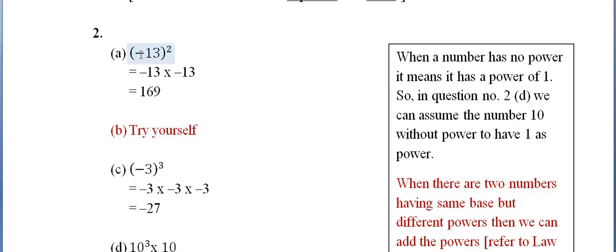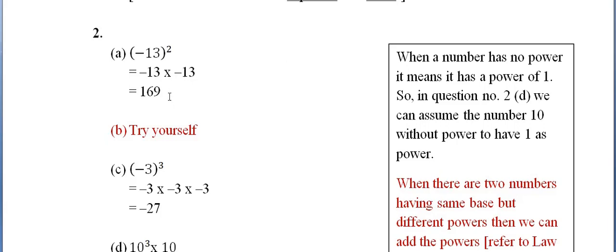Here we have minus 13 to the power 2, which means minus 13 is being repeated 2 times, minus 13 into minus 13. We all know that minus into minus will be plus, and for plus we don't write any sign. So 13 into 13 will be 169.